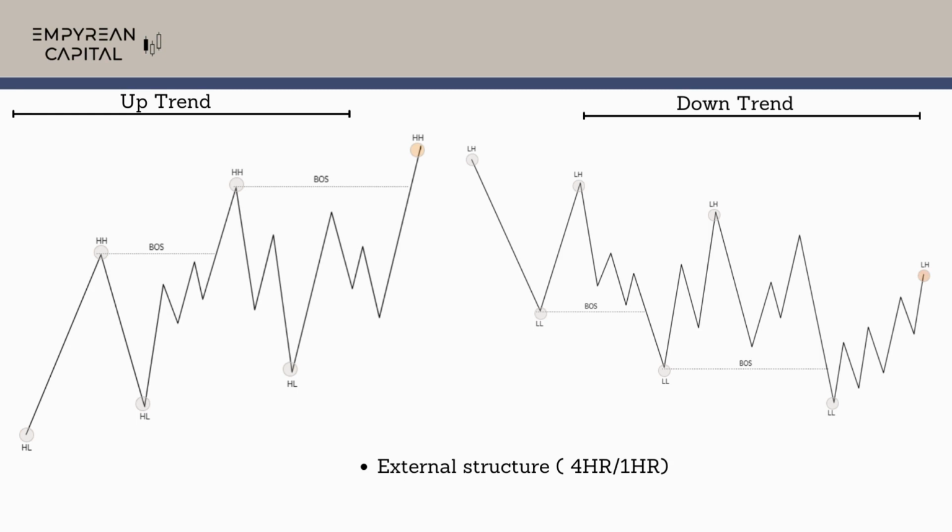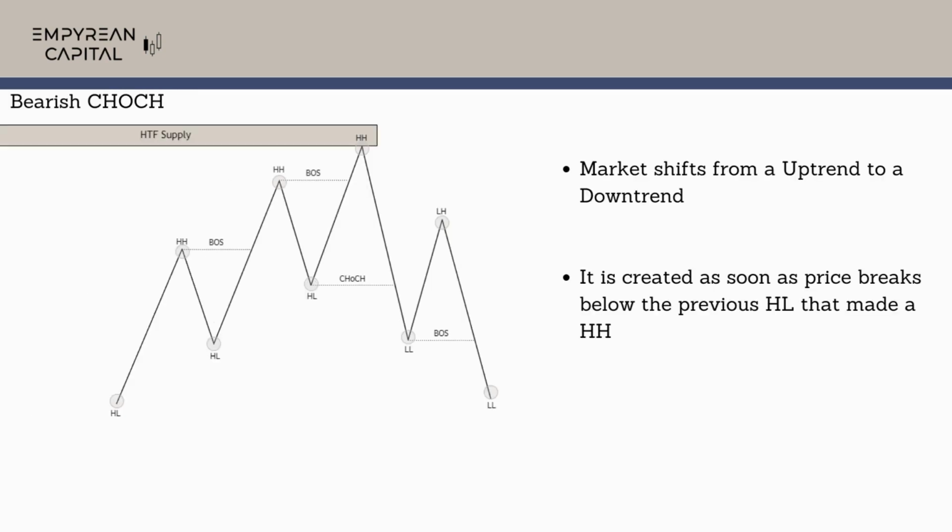So what is a bearish change of character? A bearish change of character basically means the market shifts from an uptrending market to a downtrending market. As you can see, previously the market was printing higher highs and higher lows. And then as soon as the market breaks below the previous higher low that made a higher high, the market has shifted from an uptrending market towards a downtrending market.